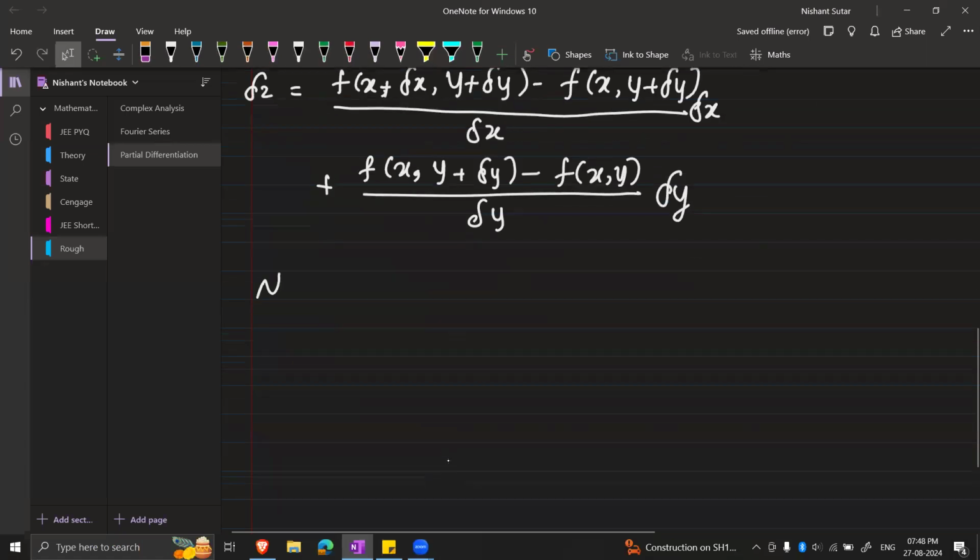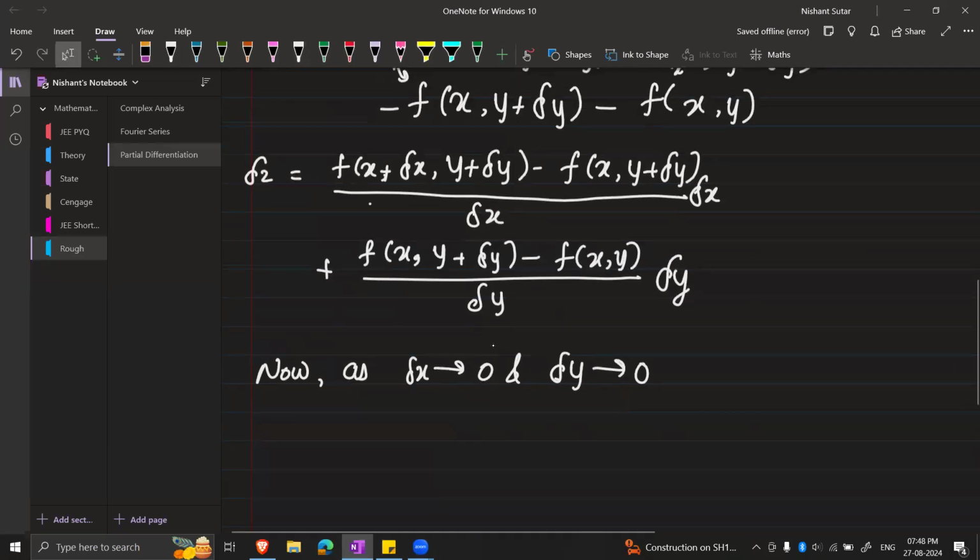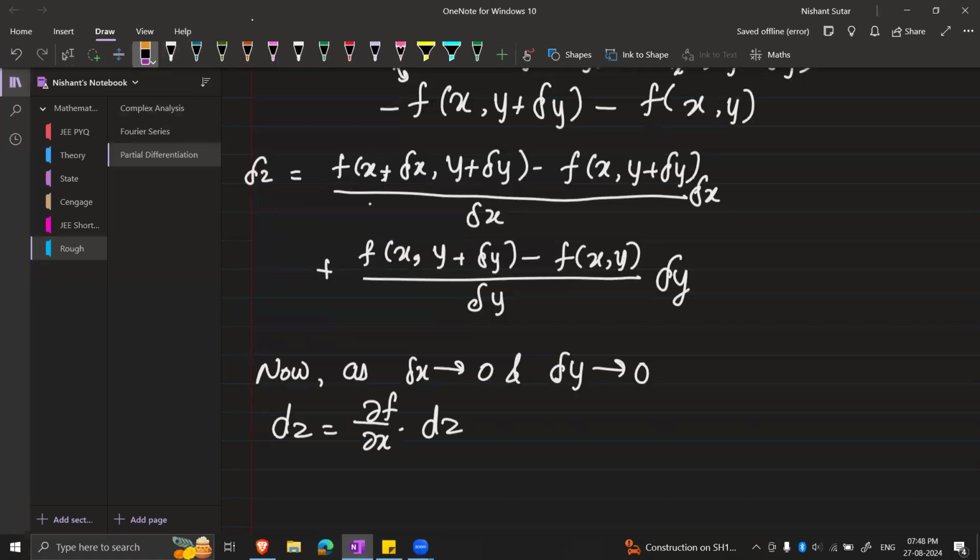Now, as delta x tends to 0 and delta y tends to 0, notice that this is delta z, or since we are taking the limit, I will simply write this as dz. The first quantity is del f by del x, and this quantity will become dx.